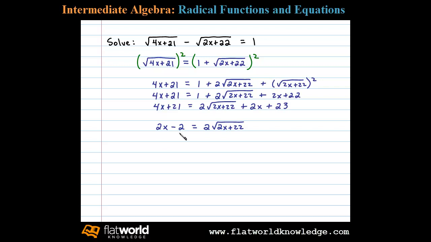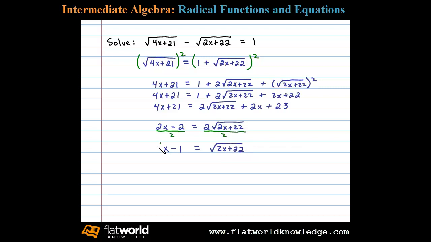Now at this point I notice all the terms are divisible by 2. So we can simplify things if we divide both sides by 2 before continuing. Doing that leaves us with x minus 1 equals the square root of 2x plus 22.